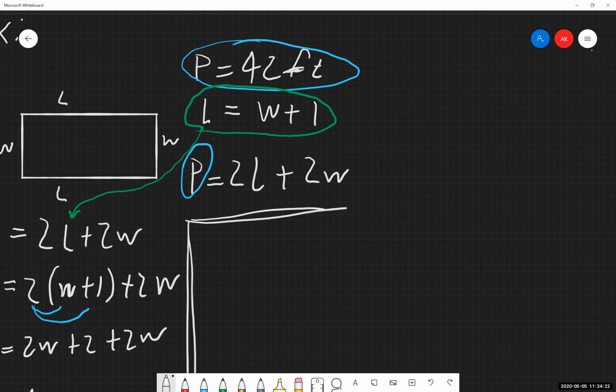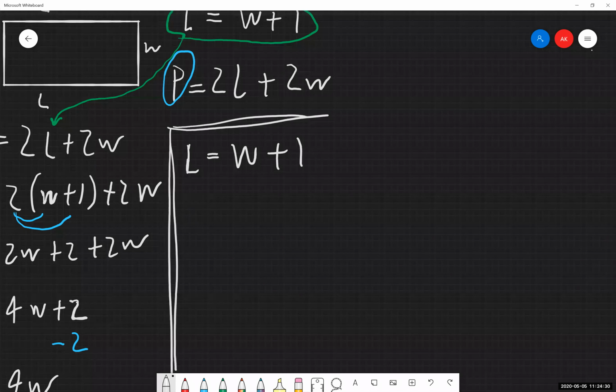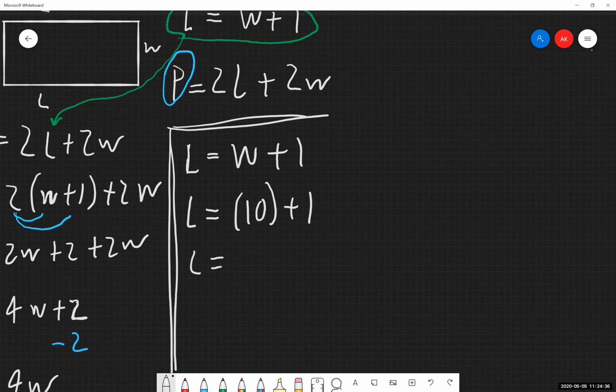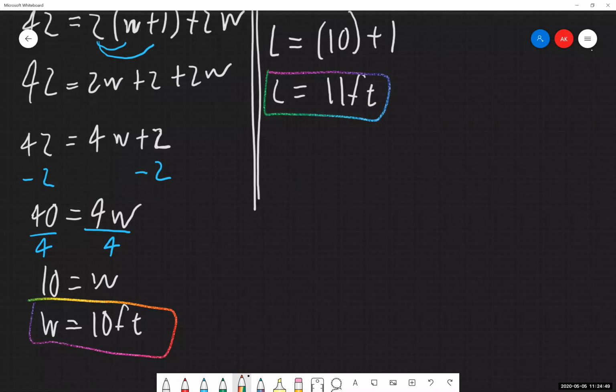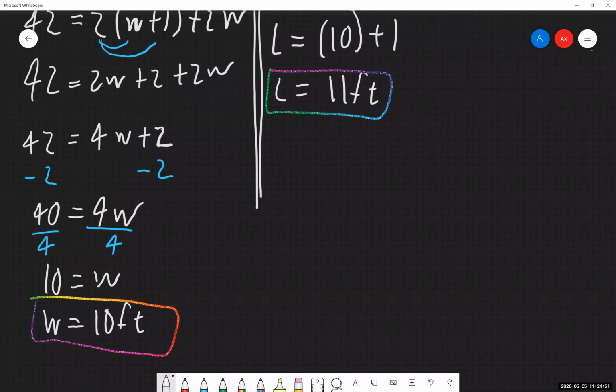Have our prep work there. So our length is equal to the width plus 1. We know what the width is, so we're just going to plug that in. So 10 plus 1, that's going to give us 11 feet. So our length is 11, our width is 10. We are good to go on that front.